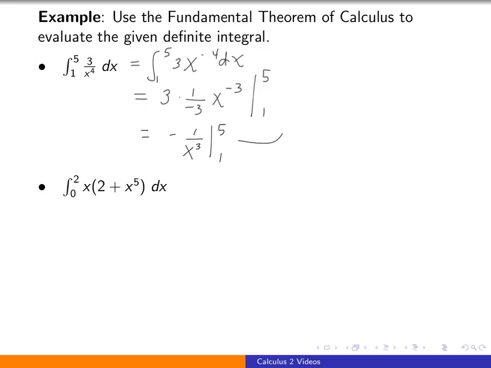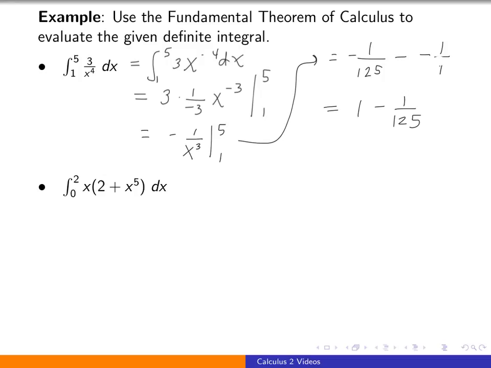from 1 to 5. So we plug in x equals 5. So that would be minus 1 over 5 cubed, which is 125. We put a minus sign and we plug in 1. So we're subtracting away minus 1 over 1. So what we end up with is 1 minus 1 over 125.